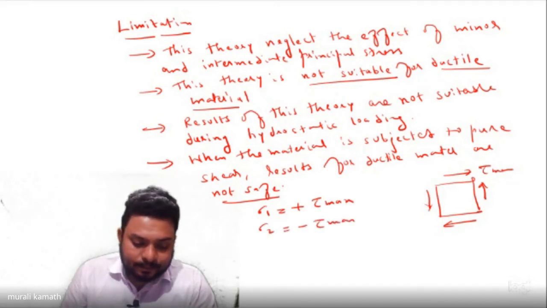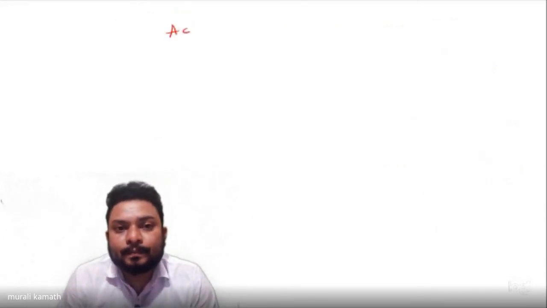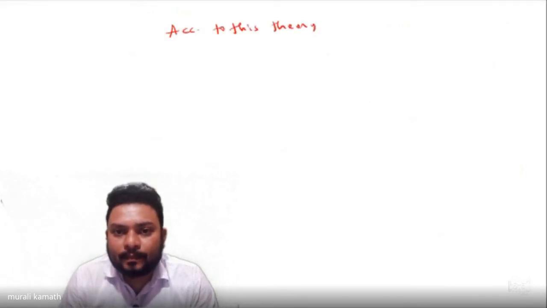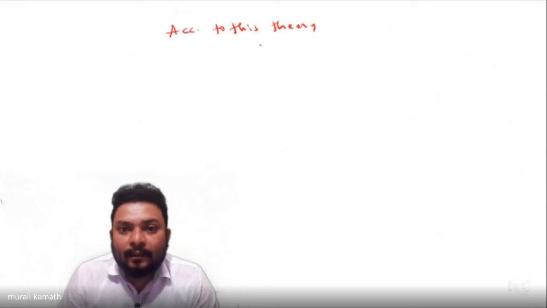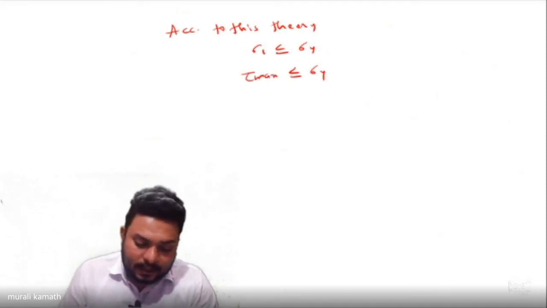Okay, correct. So what is this theory saying? According to this theory, sigma 1 should be less than or equal to your yield stress. So in this case, tau max should be less than or equal to your yield strength.